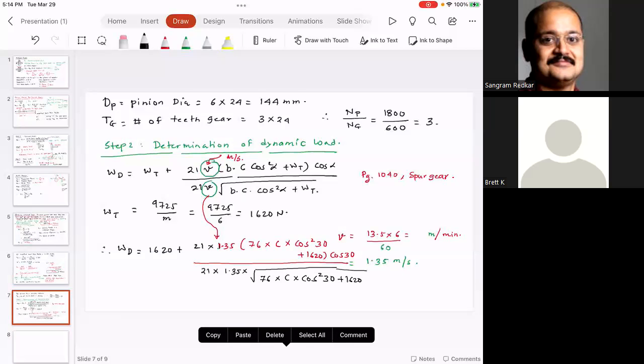And to find value of C, we have to go to table 28.6. So go to table 28.6.